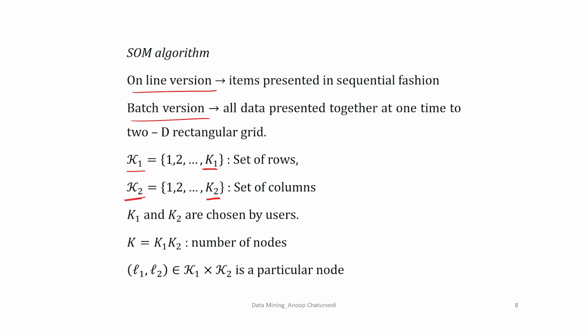So, K1 is the set of numbers 1, 2, and so on up to capital K1, and K2 is the set of numbers 1, 2, up to capital K2. And the number of rows and number of columns, K1 and K2, are chosen by the user. Then the total number of nodes is K1 into K2. Say, suppose you have this rectangular grid.